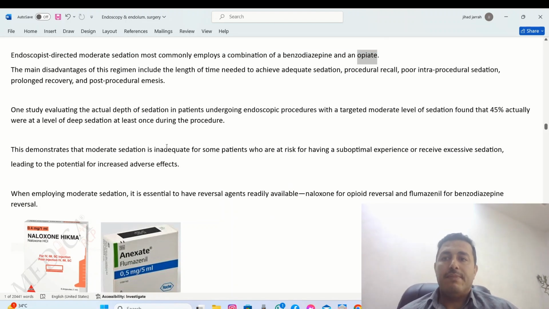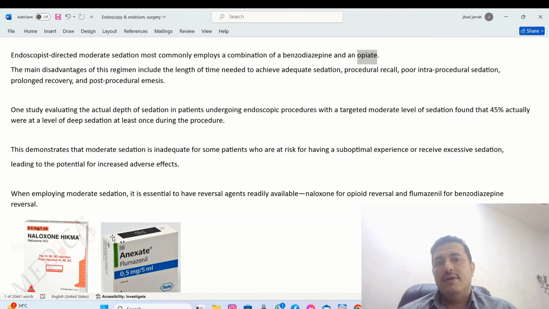If we compare endoscopist directed moderate anesthesia, in which we use only midazolam and opiate, and we may use buscopan, this is longer to achieve. When we compare it with deeper sedation with propofol, this is longer to achieve.